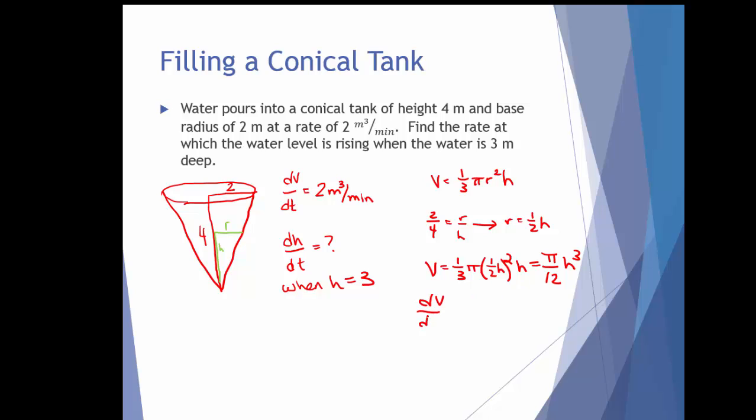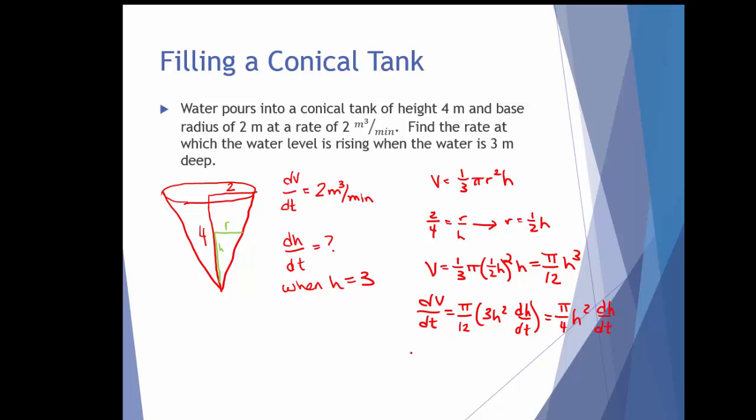Now take the derivative and watch the nice things that happen. Let's leave the pi over 12 out of the derivative for the moment. The derivative of h cubed with respect to time is 3h squared dh/dt. So when I clean that up, the 3 will cancel into the 12, leaving me with pi over 4 h squared dh/dt, and that is dV/dt.